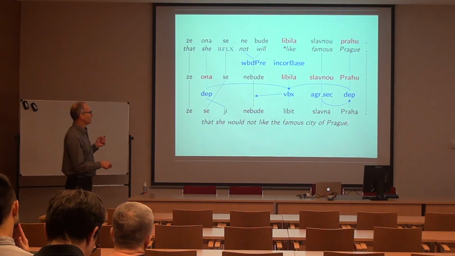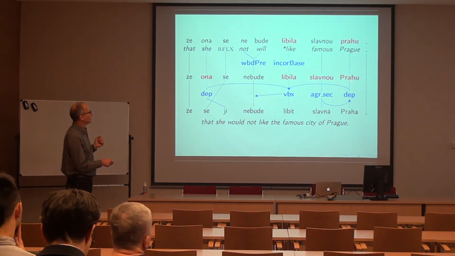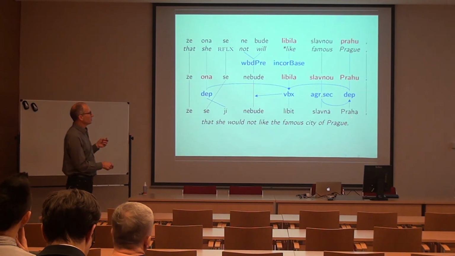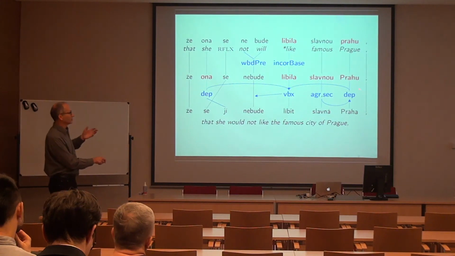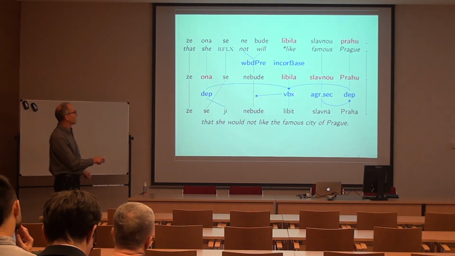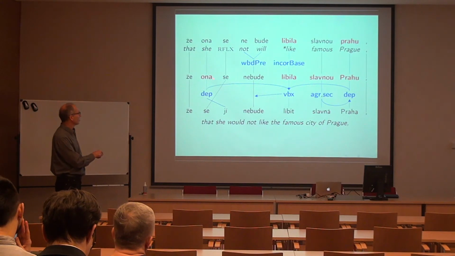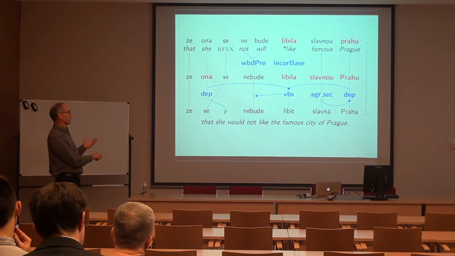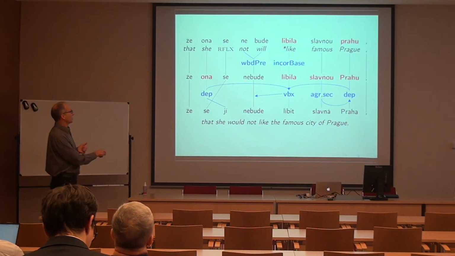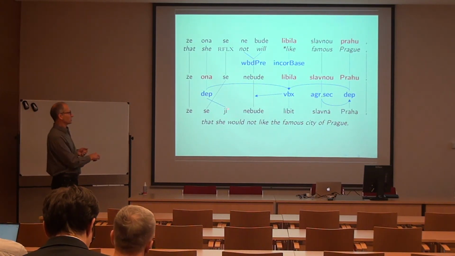So you turn the accusative here into nominative because it should agree. It is actually in the valency of that verb "to like," and it should be nominative. And same with the original subject, you turn it into dative actually. And again, you give that reason.